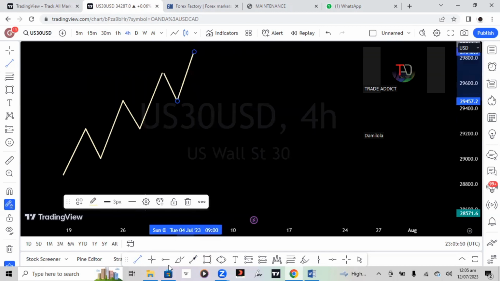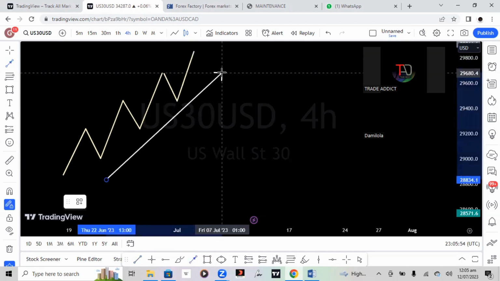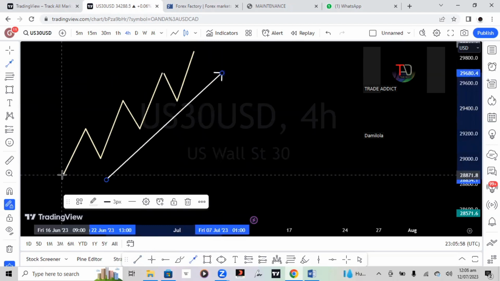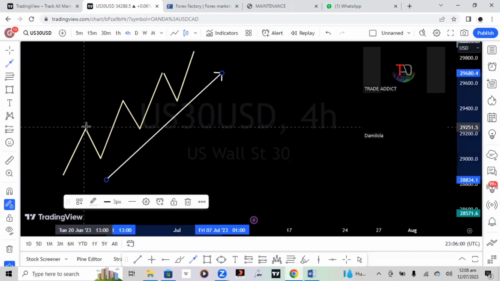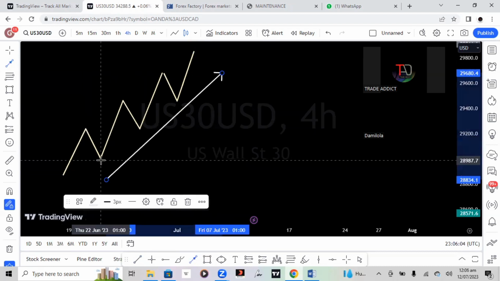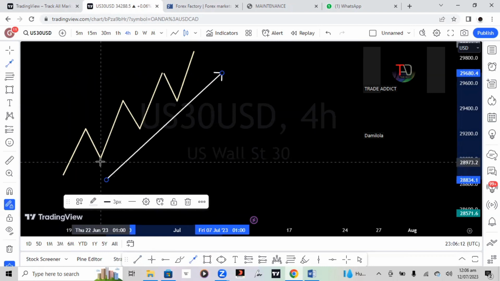If you take a look at this, we see now that the major direction here is called what? An uptrend market. So this level right here is called low. This level here is called high. This level here is called higher low because this low is higher than the previous low.